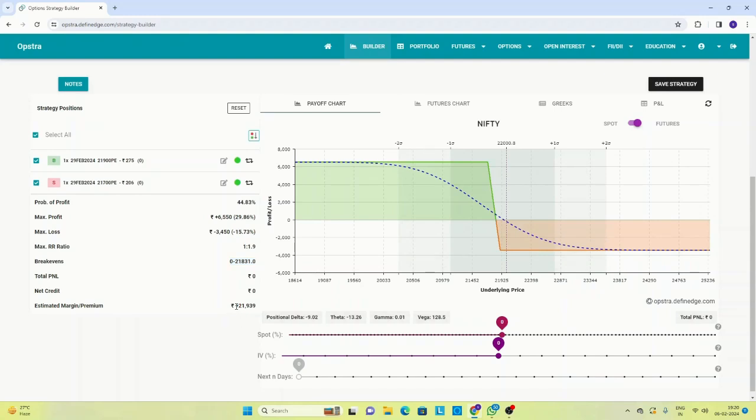So on the capital, if the view goes right, you make a maximum of 29% as a profit. And if the view goes wrong, you make a loss of 15%. So the risk reward ratio is much better here, which is 1:1.9.